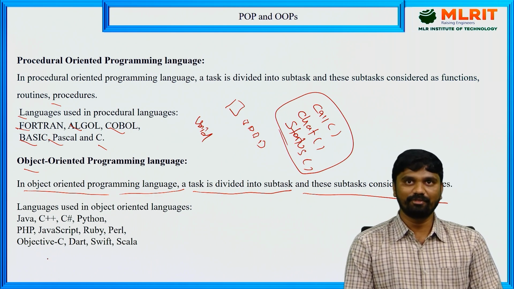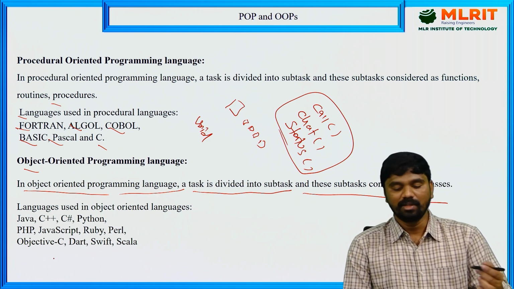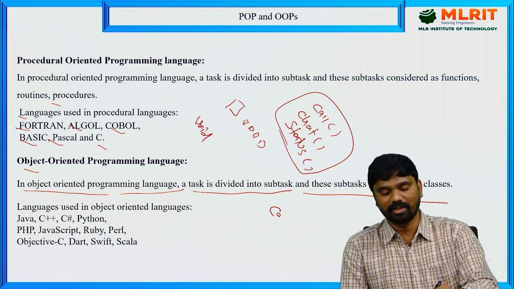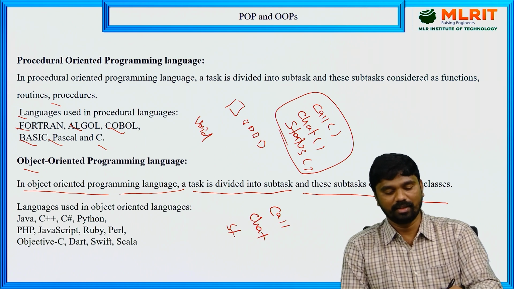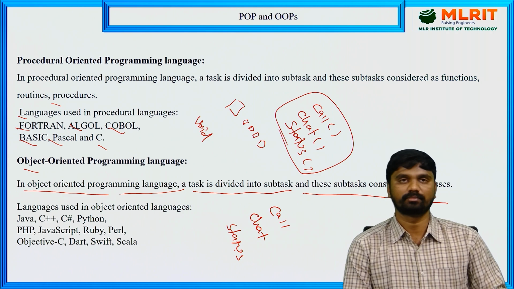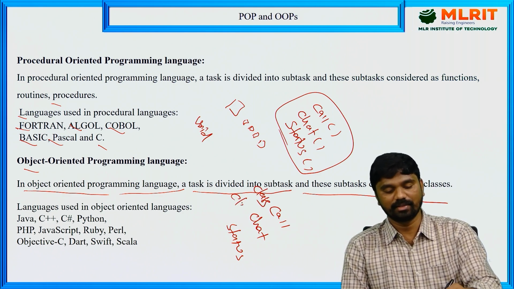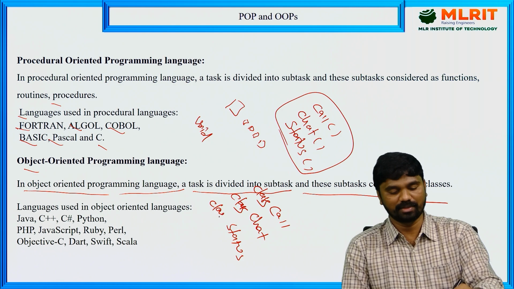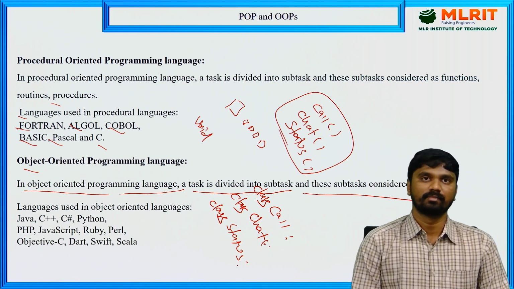For example, take the same task, the WhatsApp application development task. In that, we have mainly three subtasks: call, chat, and status. Now these subtasks are considered as classes.